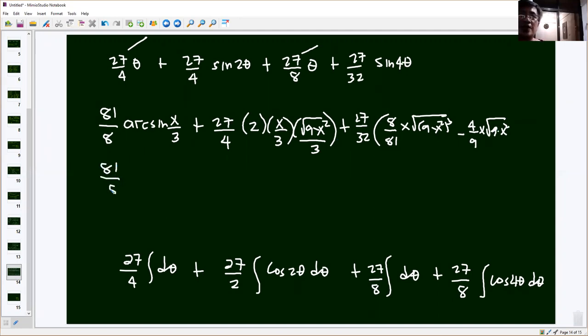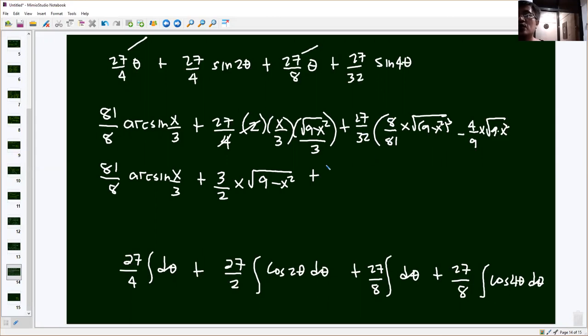81 over 8 arc sine x thirds. Now, look. 2, 9. So, 3 na lang, no? 3. Tama ba? 3 halves. 3 halves x square root of 9 minus x squared. Help me out. Then 7 times 8 over 81. 4 here, 3 here.